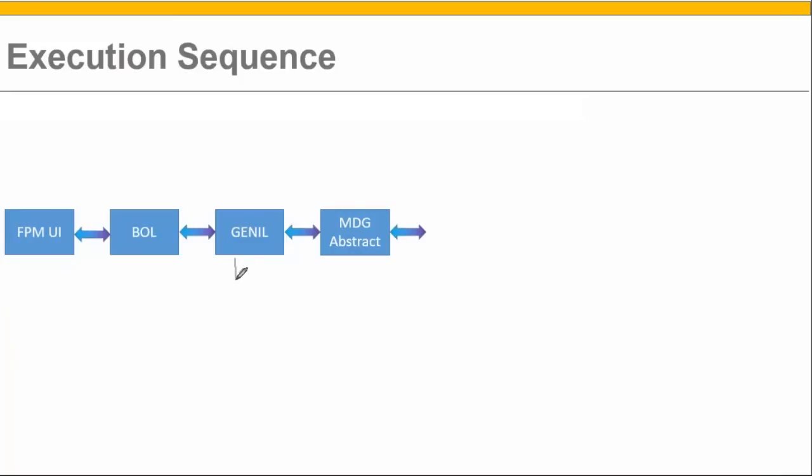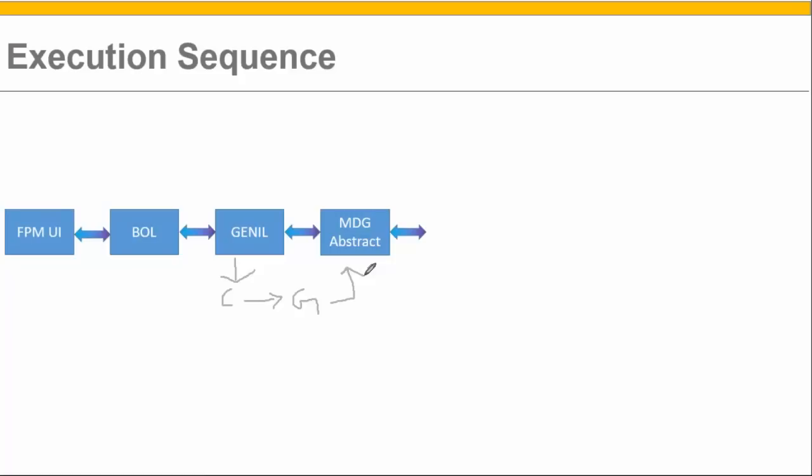Genil will call convenience. Convenience will call governance. Governance will call MDG abstract layer. So there are certain programming layers in between, which I did not mention when we were actually discussing this execution sequence. Right now we need to understand that it is not directly Genil that will call an MDG abstract layer.